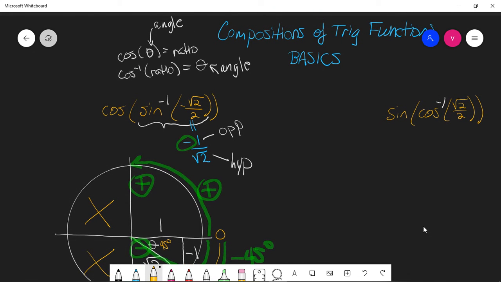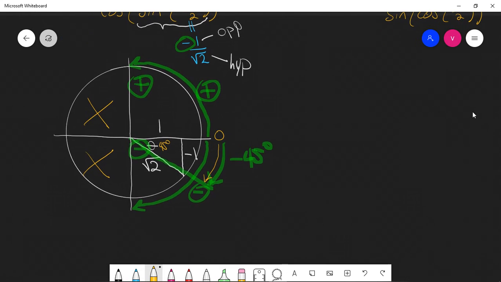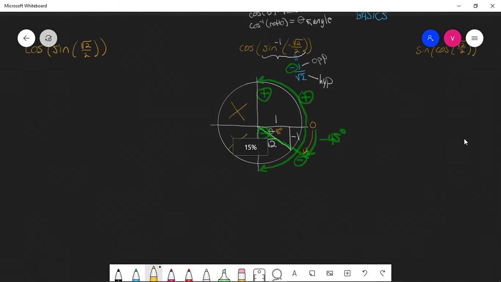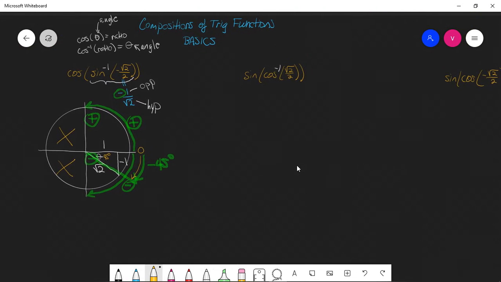For a sine inverse or a cosine inverse or any inverse, the in is the ratio and the out is the angle. So we had a ratio, and what are we getting out of that? Let me draw it up here a little bit smaller. The sine inverse of negative root 2 over 2 is equal to negative 45 degrees.